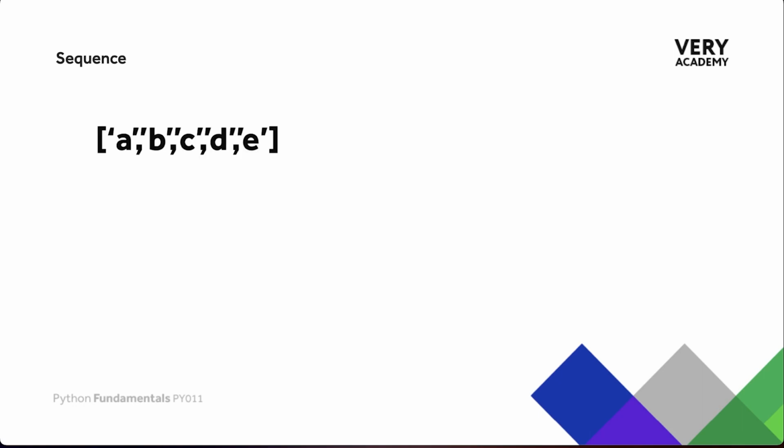Take this example where we have a list. In this list, we have 5 elements. Let's imagine we wanted to print out each of these different elements. What we would have to do is iterate or loop over this data structure.